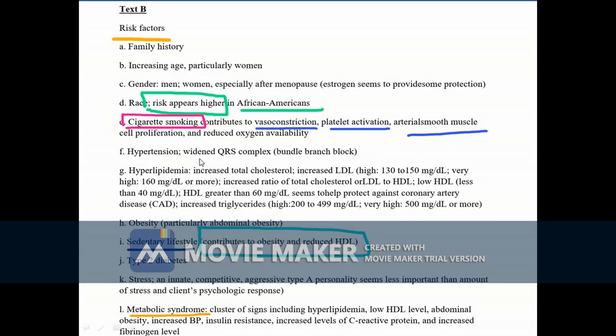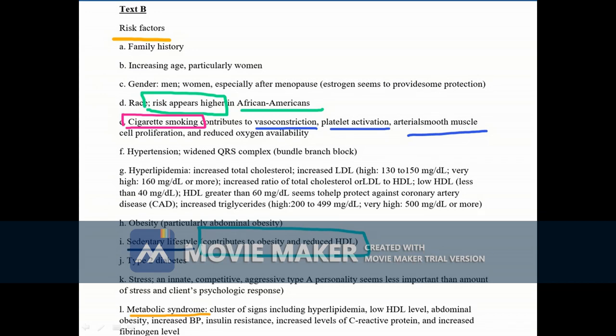The other risk factors: hypertension, hyperlipidemia, increased total cholesterol, increased LDL, increased ratio of total cholesterol to HDL, and HDL greater than 60. So you will read this as well. Okay guys, the other risk factor is obesity. Then sedentary lifestyle contributes to obesity and reduced HDL.